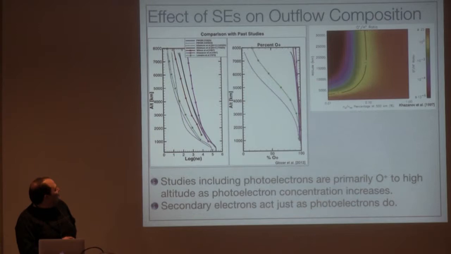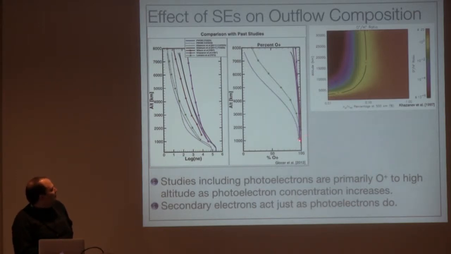And what you find is that there's a big contribution to the percentage of O plus as a function of altitude. If you look at the percentage of O plus, you find that for the models that have low photoelectron content, the O plus drops off relatively rapidly with altitude.